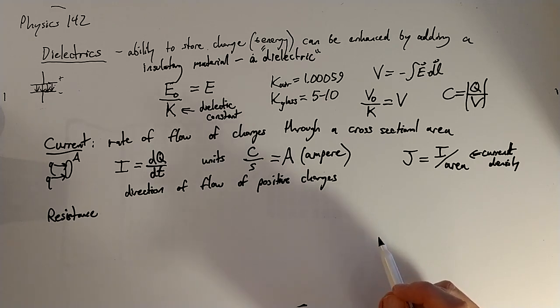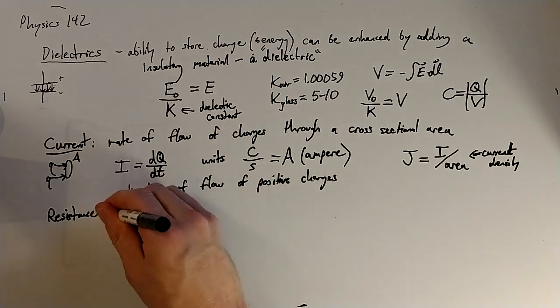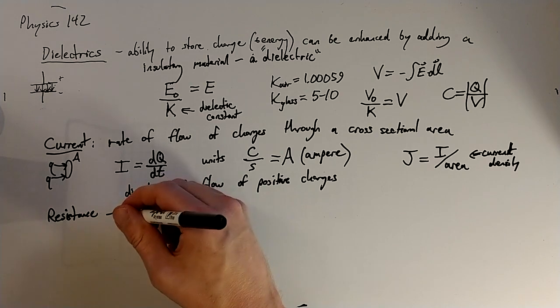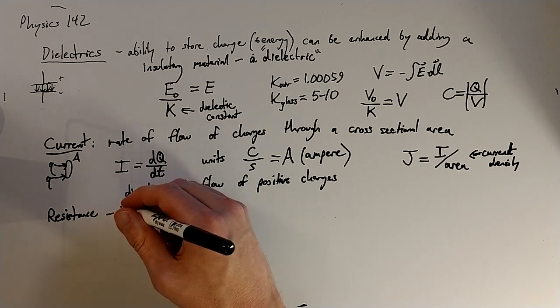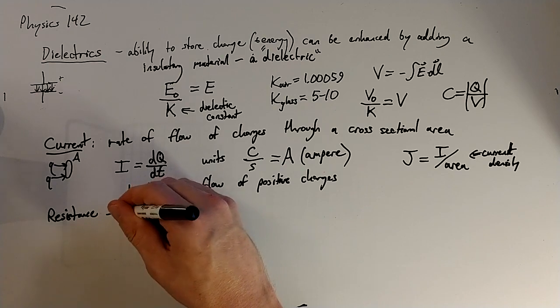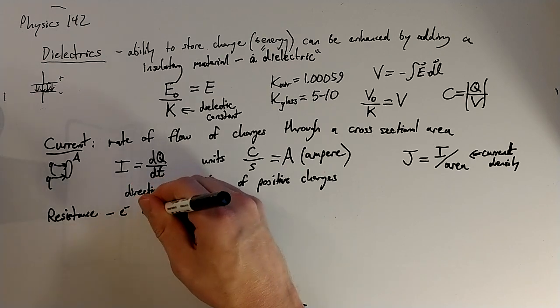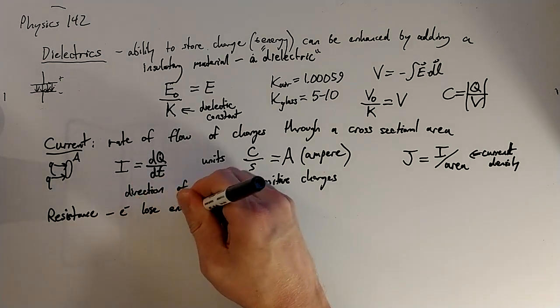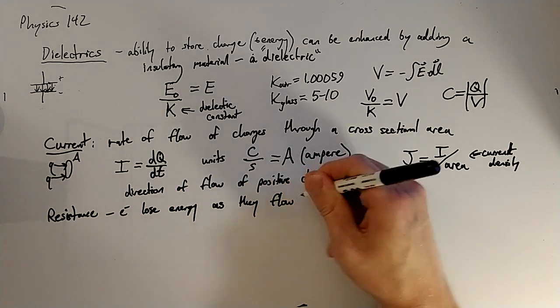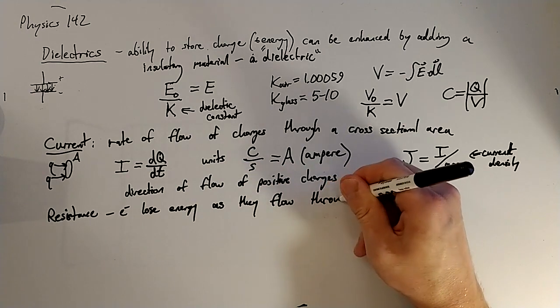The way we quantify that is with this idea of resistance. So resistance, what should I write down? We want to think about losing energy. So electrons lose energy as they flow through a material.